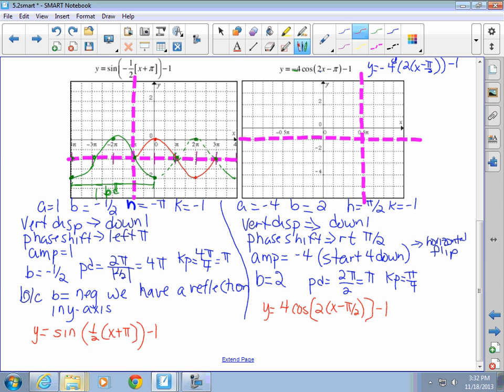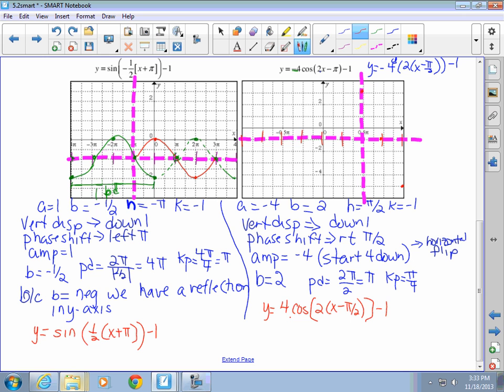So, normal graph for this, when I say normal, I mean the original graph without the flip. So I would have been up here, 1, 2, 3, 4. And then every pi over 2 is where I would have my key points, right? I gotta make sure I'm counting by 2s here. Okay. So normal would be there, and then I'd be back at 0, and then down 1, 2, 3, 4.